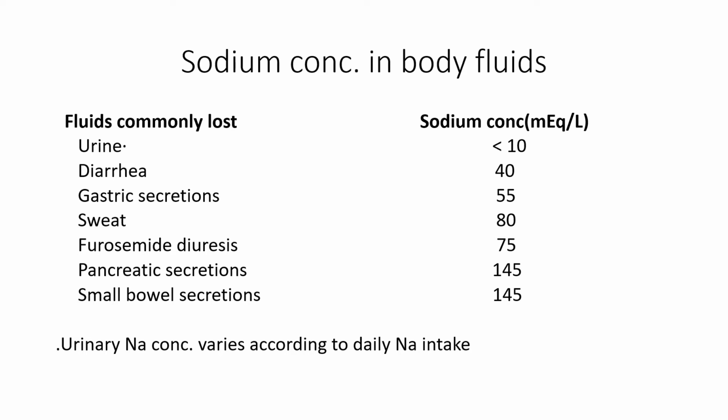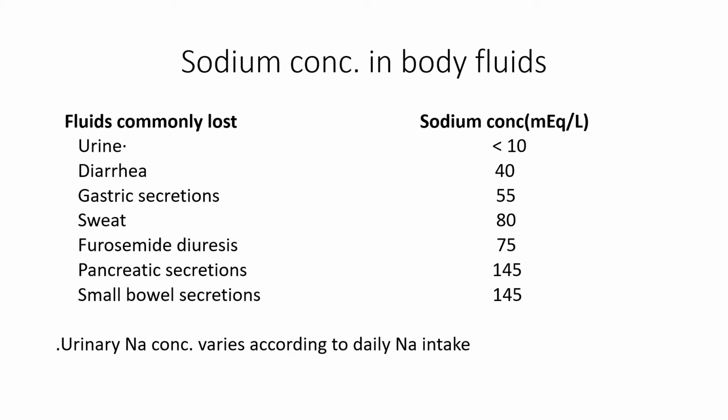لما قلنا ان loss of hypotonic fluids may lead to hypernatremia because these fluids are hypotonic in relation to plasma، معناها ان sodium concentration in these fluids is less than the plasma, which is 145 milliequivalent per liter. احنا شايفين ان اليورين يقل من 10 milliequivalent per liter sodium concentration.